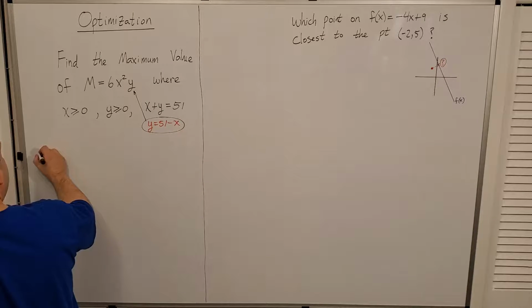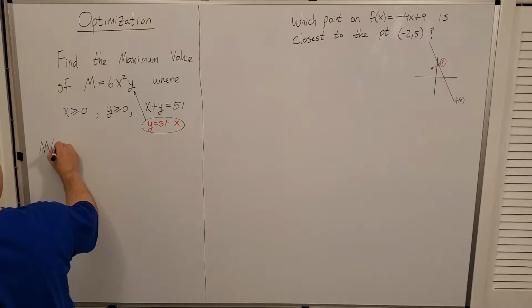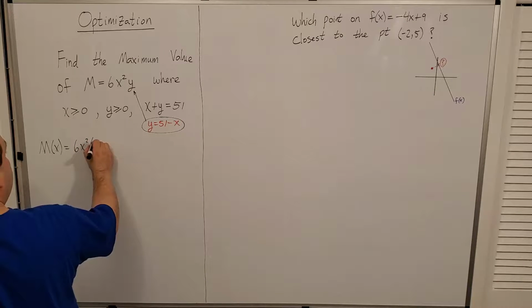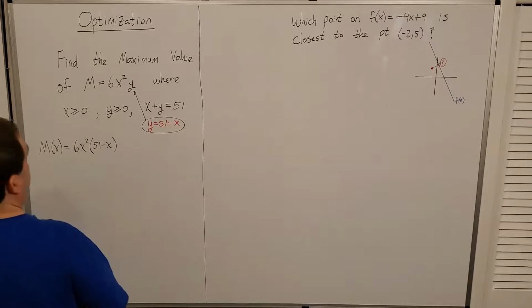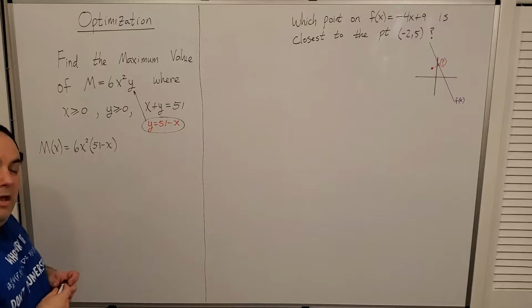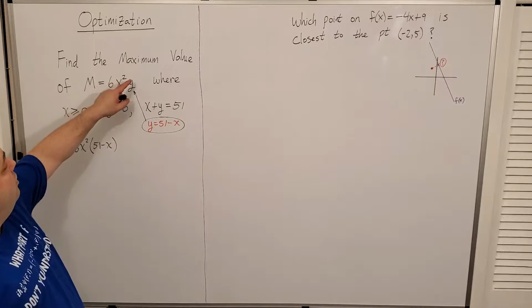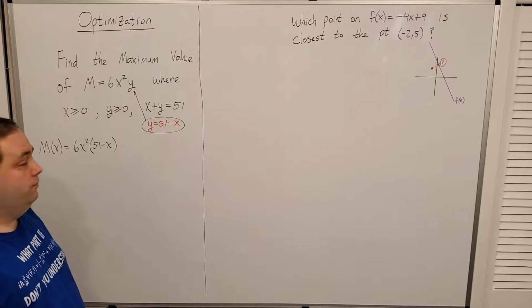Then that means I have m as a function of x. It would be 6x squared times 51 minus x. Now that I have an actual function, well, then I can follow the instructions, find the maximum value, okay?